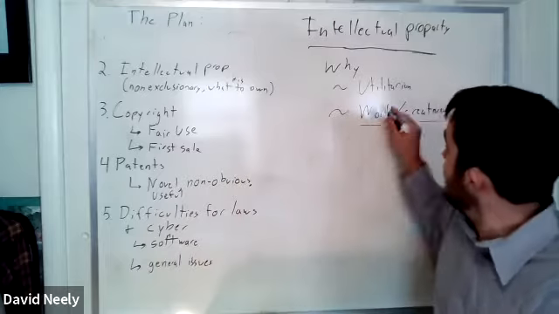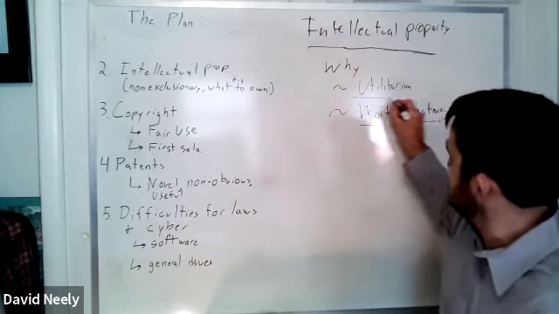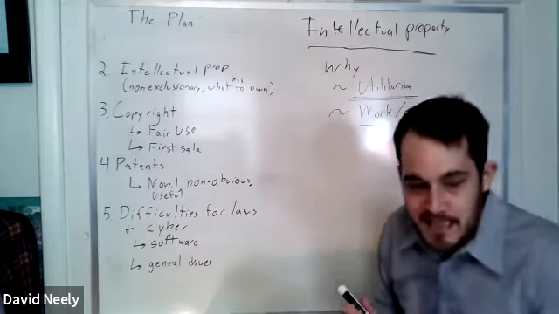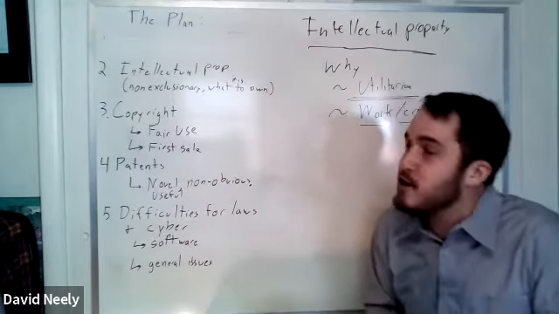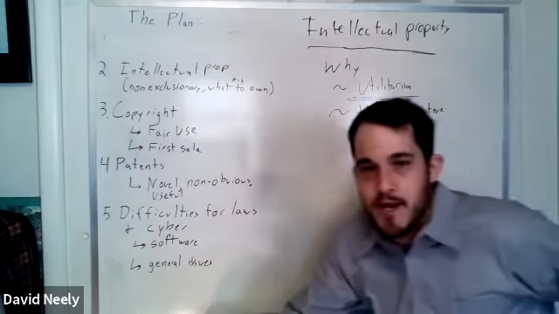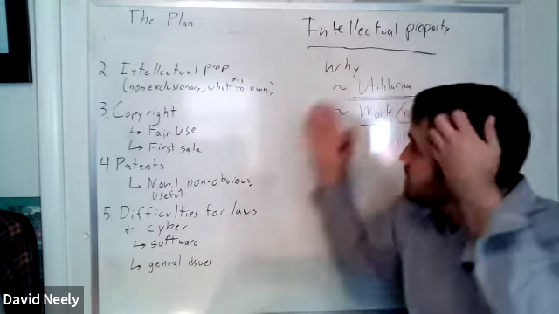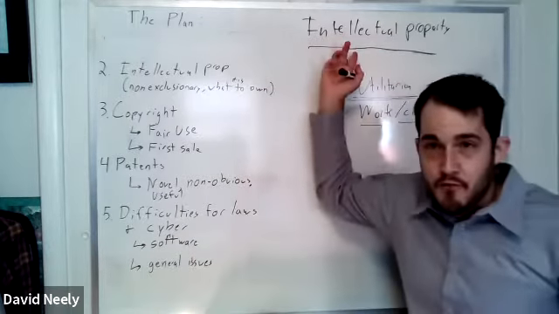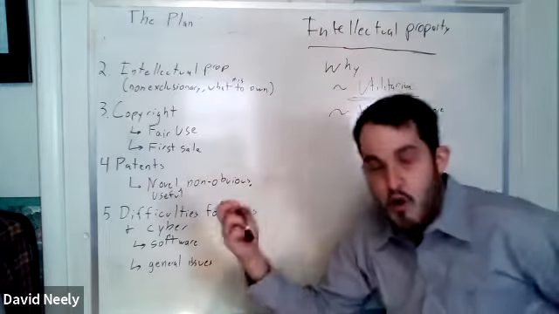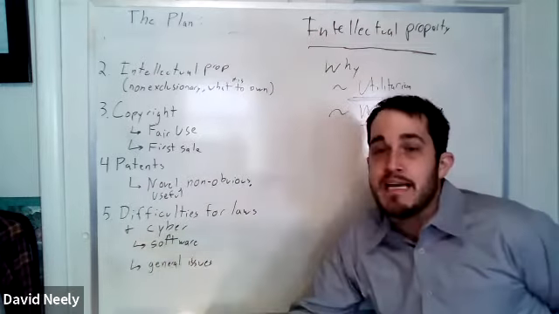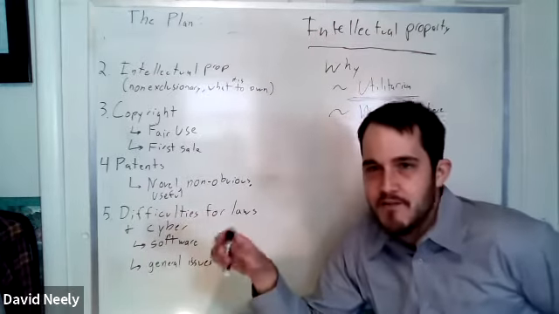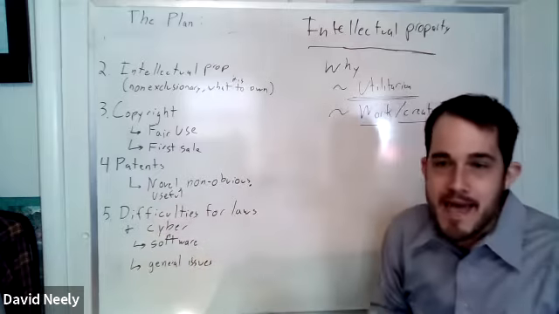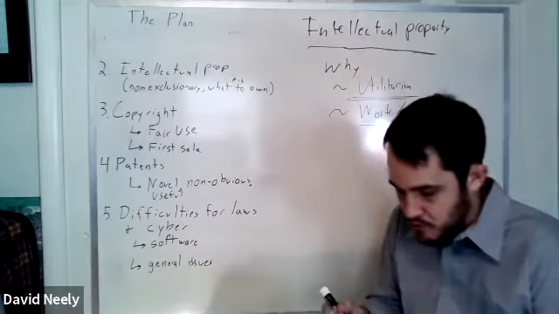Another reason behind it is the utilitarian point, which is basically that the world is generally a better place with intellectual property. If you have intellectual rights or control over something, you can make money off of it, and we want to live in a society in which people can make money off of intellectual property.